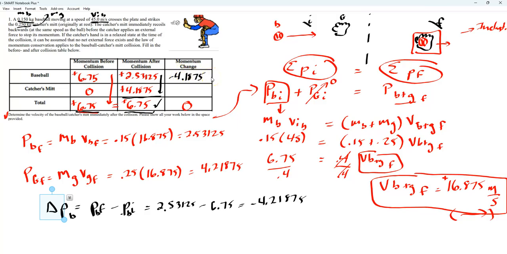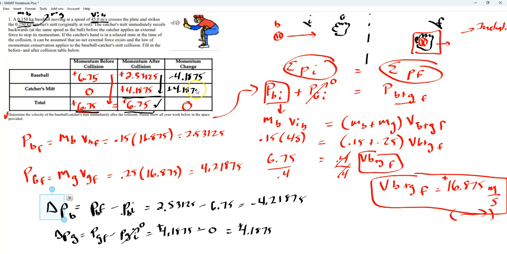And that should make sense because that change of momentum should be the same magnitude but opposite direction to the momentum of the glove. So this would be the final glove momentum minus the initial glove momentum. We said the initial glove momentum is 0 and the final is 4.21875, and that's positive.